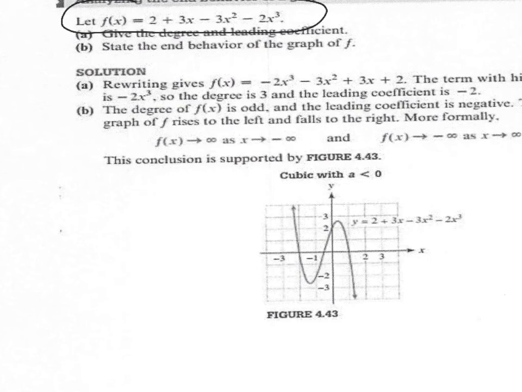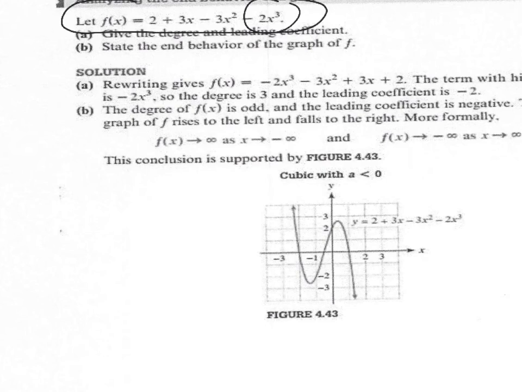It means you have to arrange it so the first term has the highest degree. So this has to go first. So f of x will be -2x cubed minus 3x squared plus 3x plus 2.